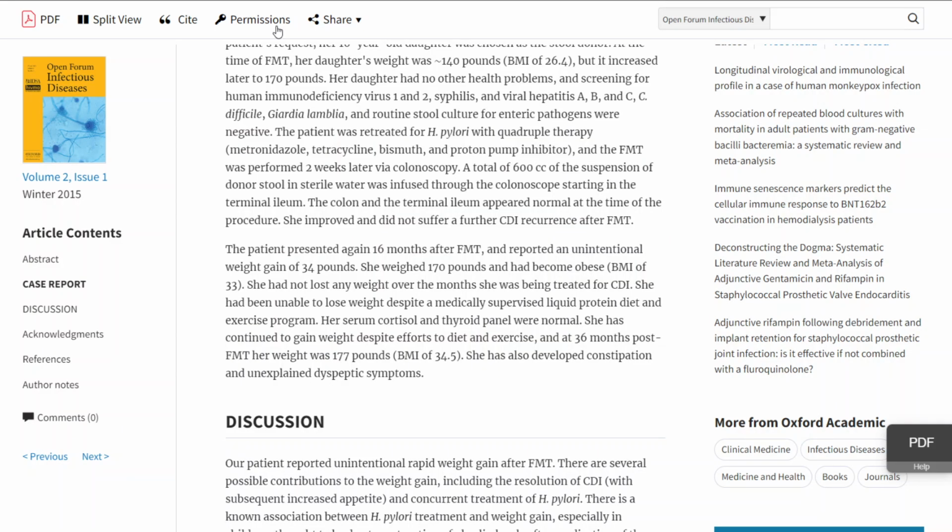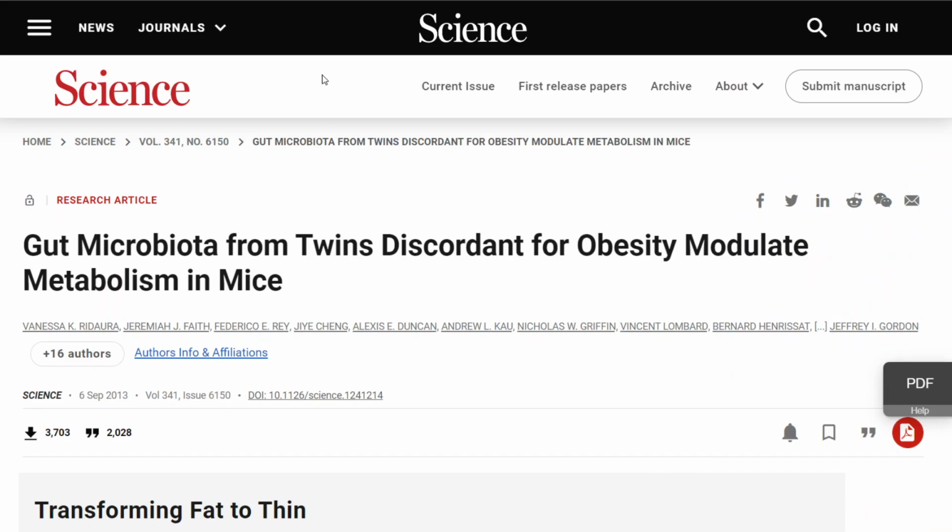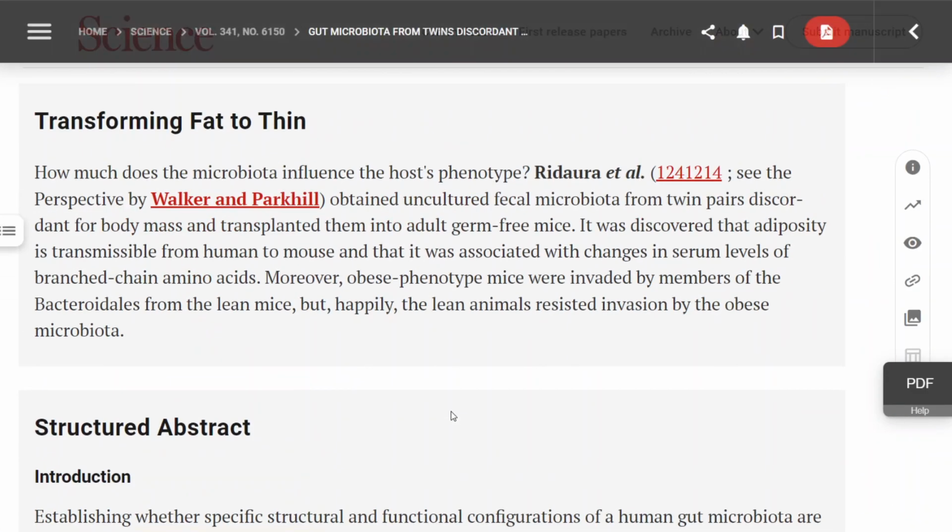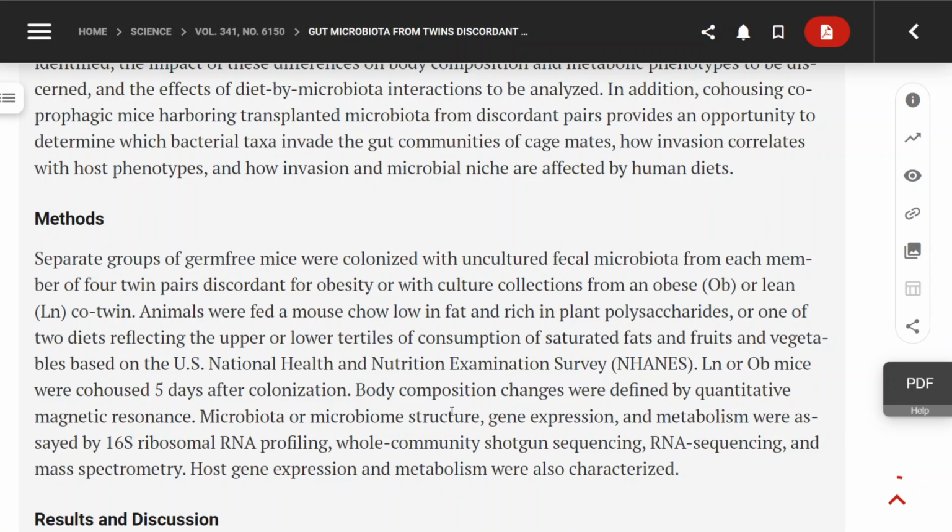The good news is that in this gut microbiome study in mice, when the lean mice were housed together with the obese mice, the obese mice picked up the microbiome from the lean mice and not the other way around. And the obese mice tended to become more lean. Unfortunately, the way the mice get this is they eat each other's poop, and people generally don't eat each other's poop.